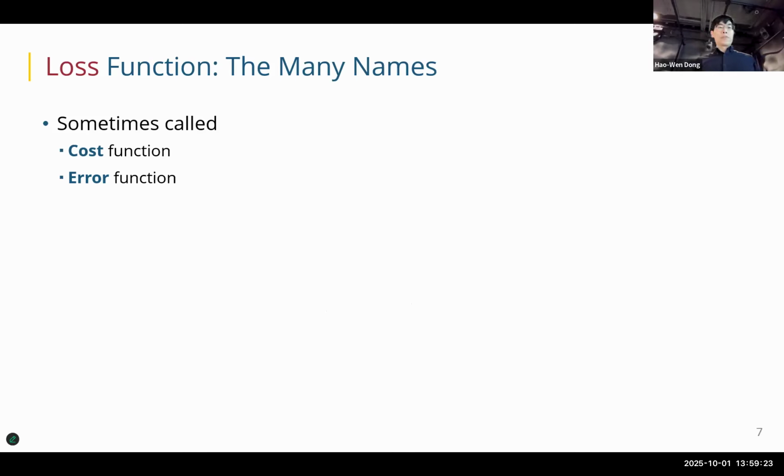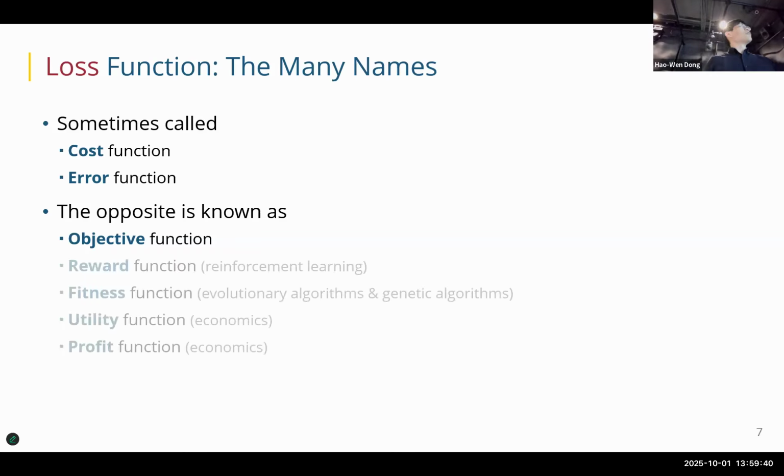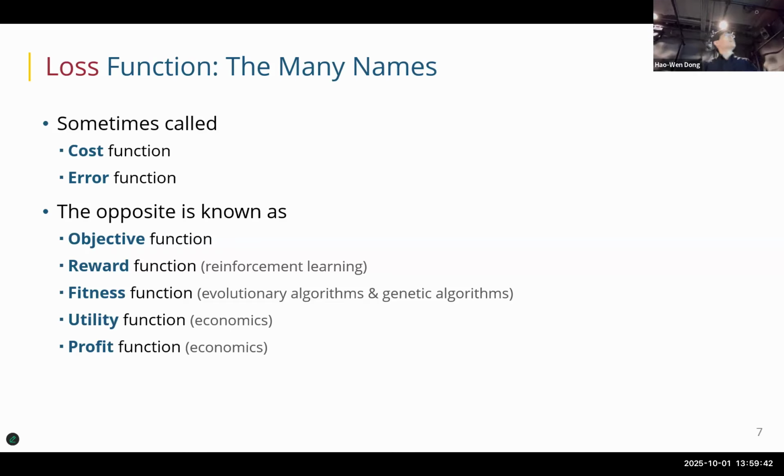The loss function has many names, sometimes called cost function or error function. For the loss function, the bigger the worse, the lower the better, but sometimes people call it the opposite way: objective function, reward function in reinforcement learning, fitness function in evolutionary and genetic algorithms. This is from before neural networks, and it's still being used.